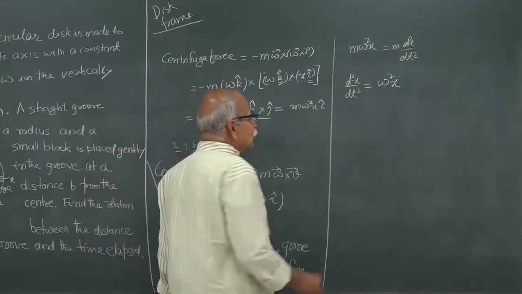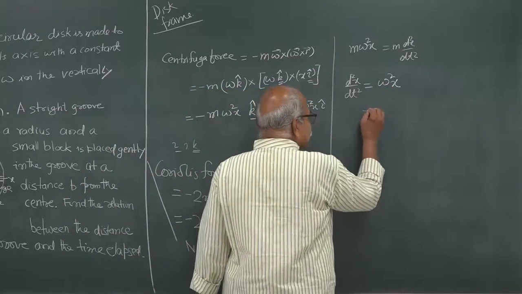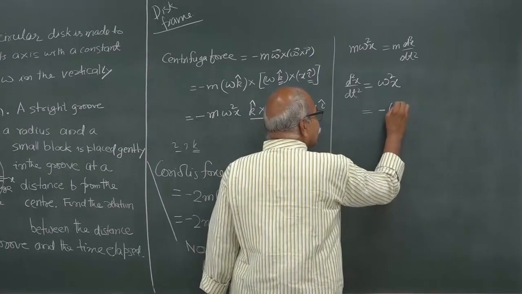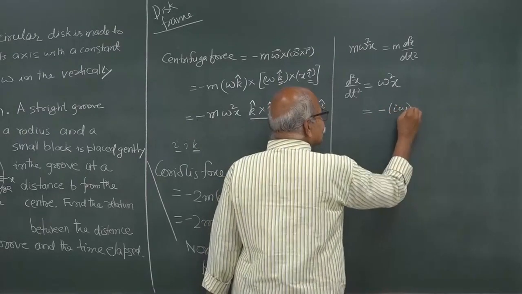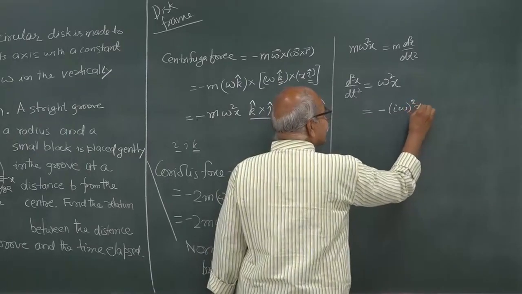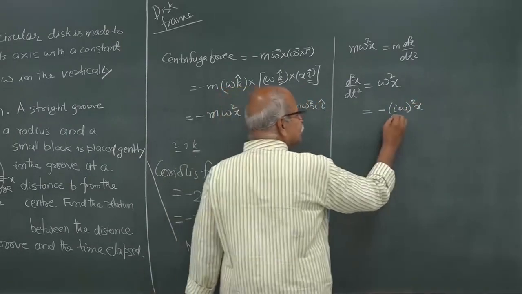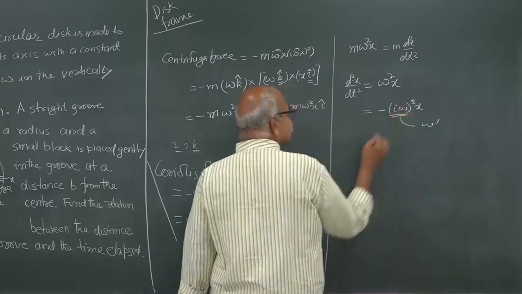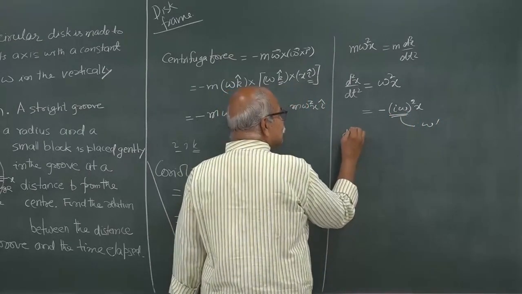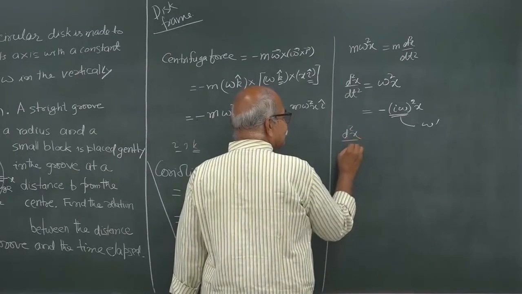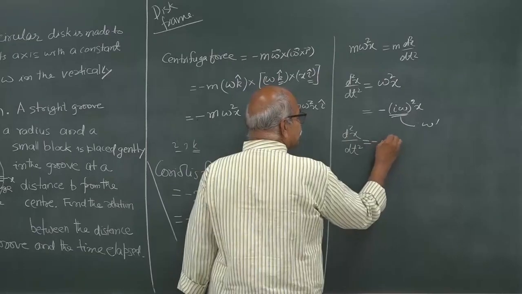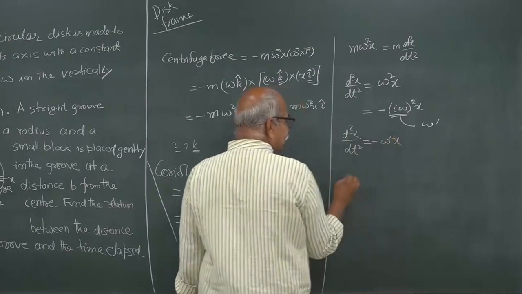You can still make it of that type: minus (i omega) whole square, times x. Call this quantity omega prime, which is complex, imaginary, and you have the equation d2x/dt square is equal to minus omega prime square x, and you know the solution.